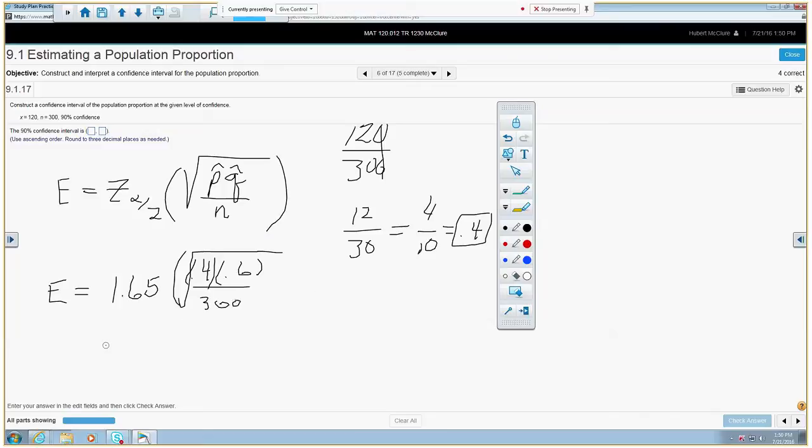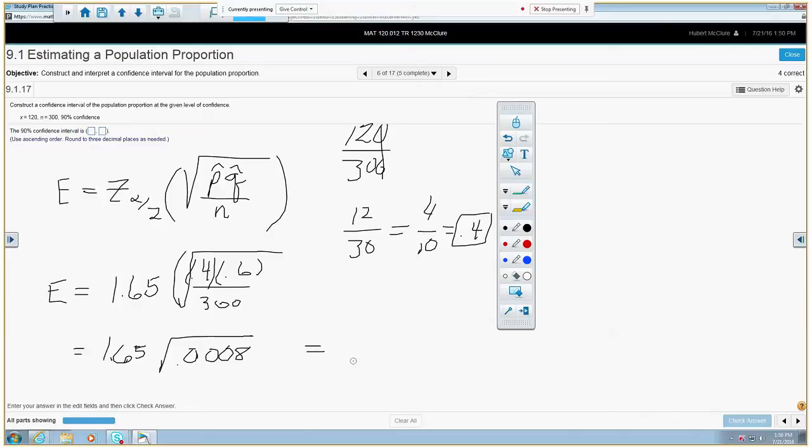And that's going to be 1.65 times the square root of 0.24 over 300. 0.24 divided by 3 is 0.08, so it's going to be 0.0008. Somebody check me. Yes. All right, y'all do that on your calculator and tell me what you get.